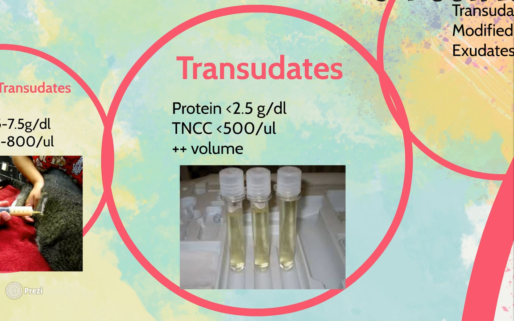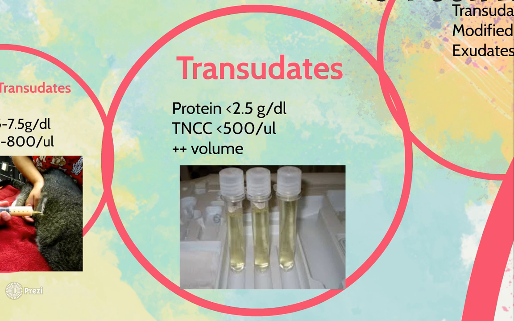Sorry, I'm just trying to word this appropriately, but essentially normal equine peritoneal fluid has been documented to reach up to 2,000 total nucleated cells per microliter. So the one exception is equine peritoneal fluid. It would still be considered a transudate if it's up to 2,000 nucleated cells per microliter.